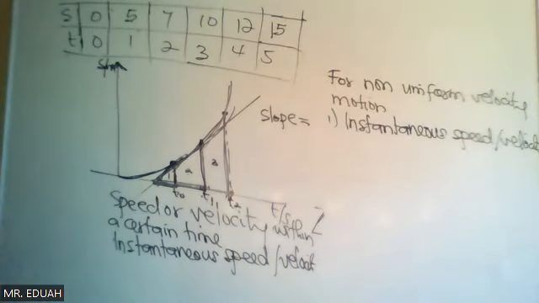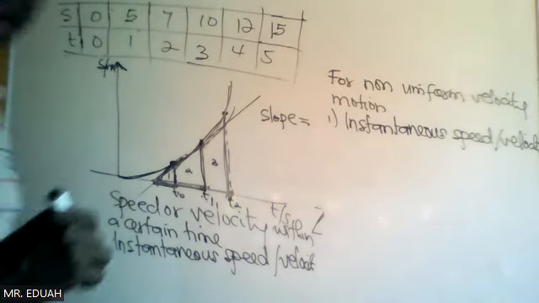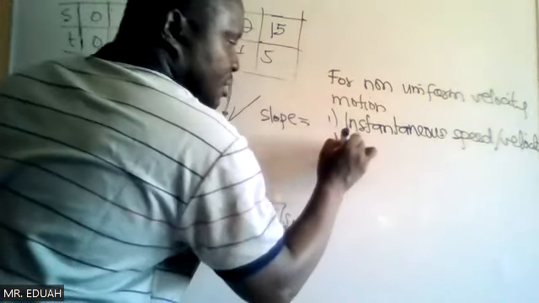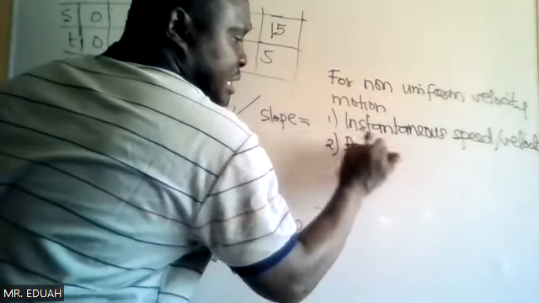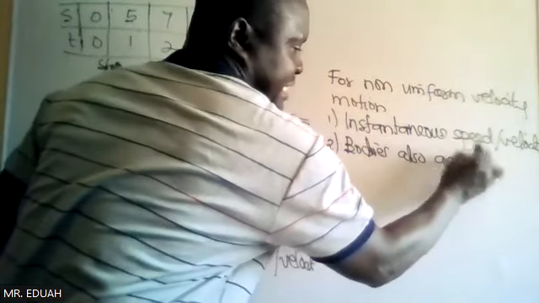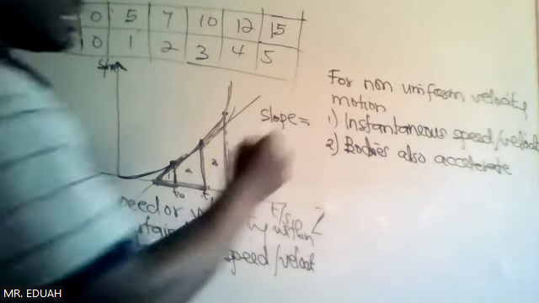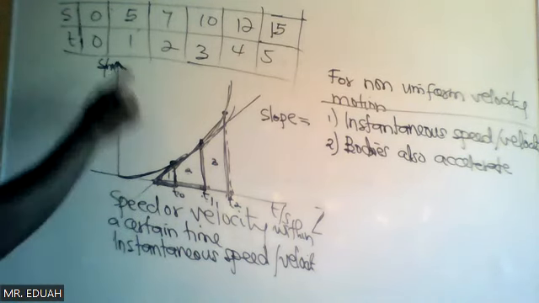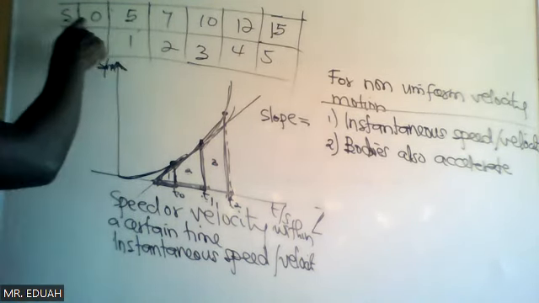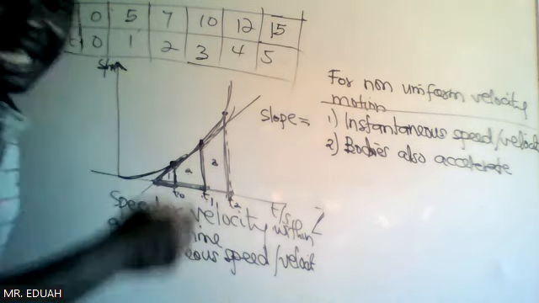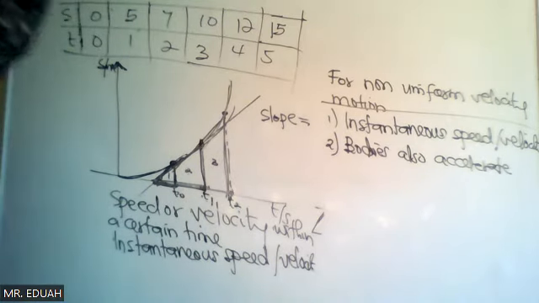So we can obtain the speed or velocity within a given time or instant. And two, bodies also accelerate. So under a non-uniform velocity motion, there is also acceleration of the body. And this is because if we have a situation where the distance covered increases or decreases with time, then bodies can either accelerate or decelerate.